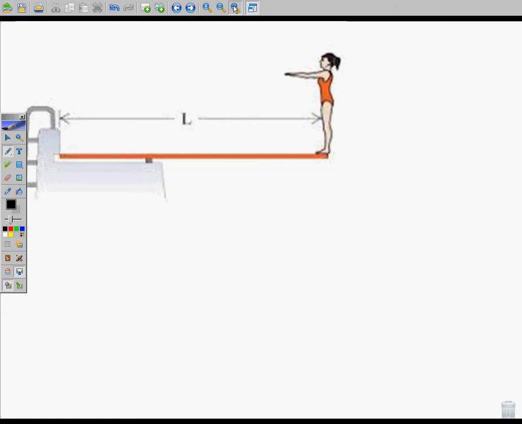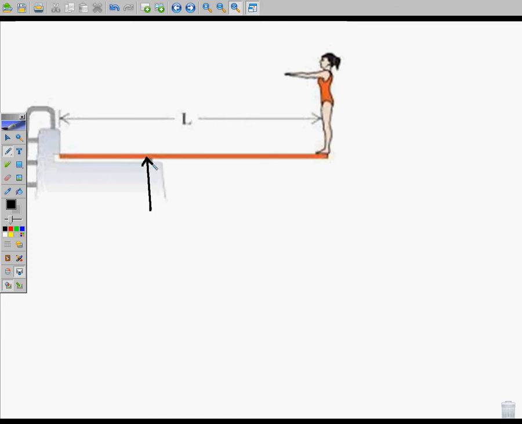So let's say we're trying to figure out how much this little platform is holding up. What's that upward force? Because when she dives, the board might even bobble on that point right there.